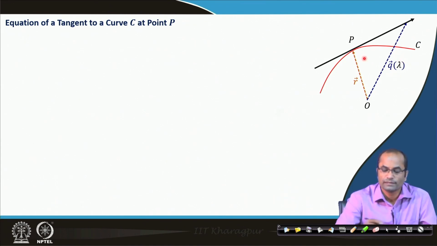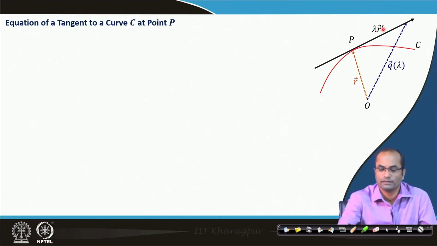So we have q at this lambda, and from P to this point we can have lambda times the tangent vector, because we have multiplied by lambda to adjust the length accordingly, so that it covers from P to this general point.